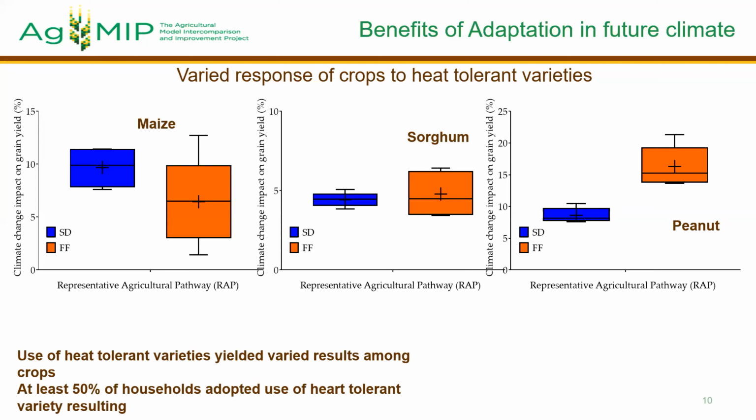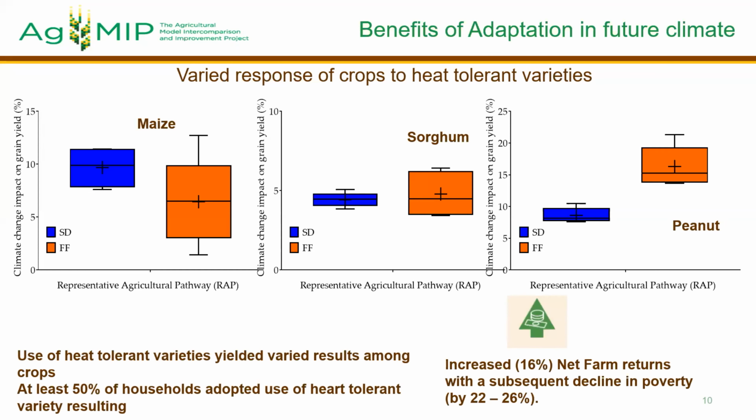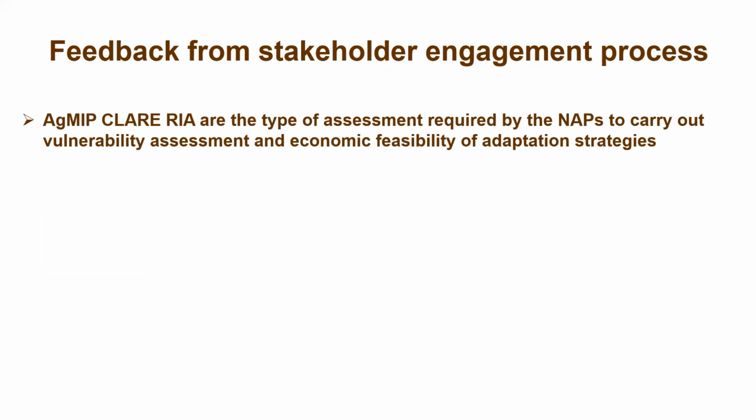And at least 50% of the households adopt the use of heat tolerant variety, resulting in an increase in the net farm returns by on average about 16%, and with a subsequent decline in poverty by 22 and 26%. So 22% for the sustainable development pathway, and then 26% for the fossil fuel driven scenario.